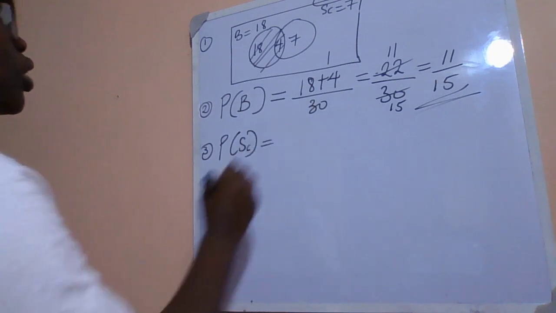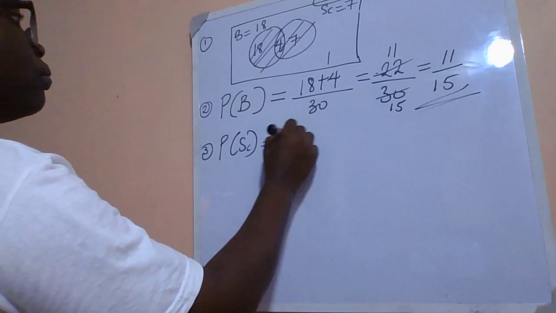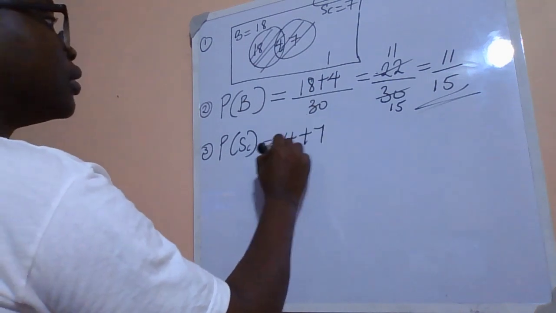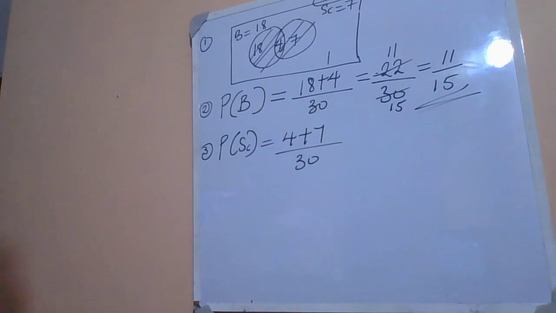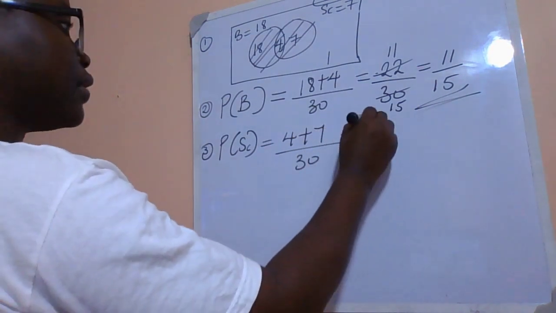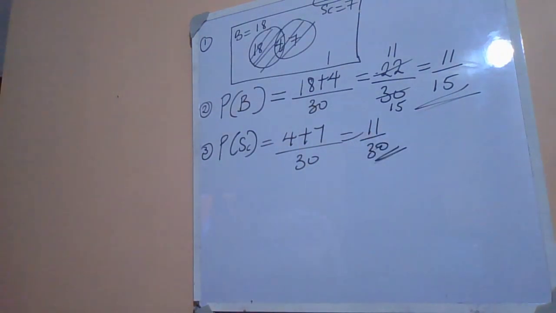So we also sum up the total number of science, which is 4 plus 7, divided by the total number of learners. So when we add them up, we have 11 divided by 30. So we leave our answer as that. So that answers the question.